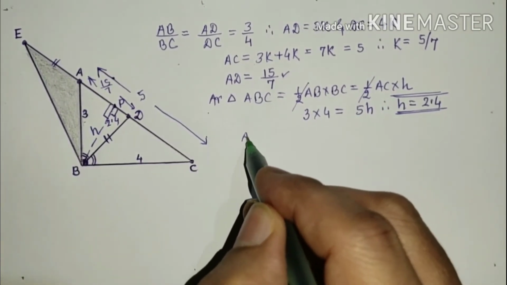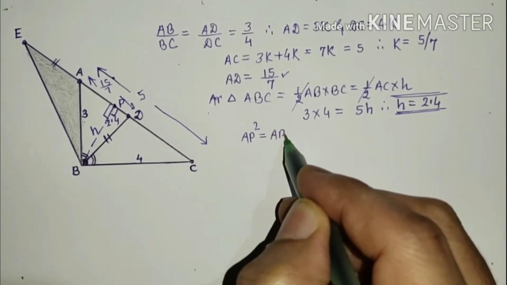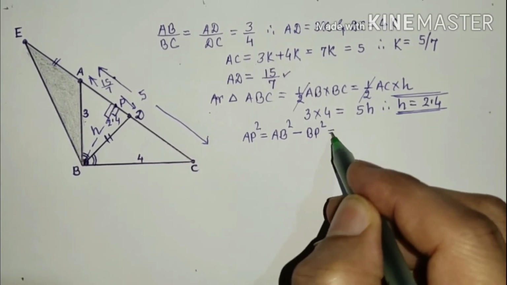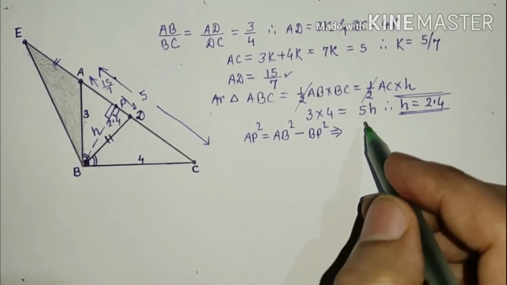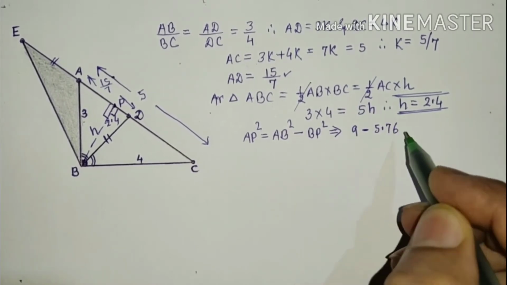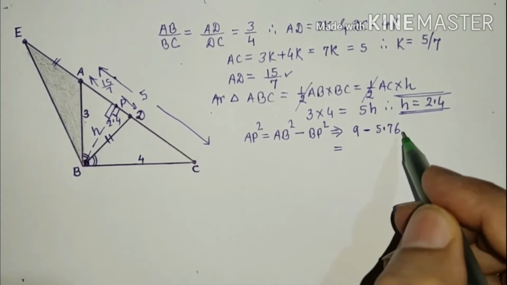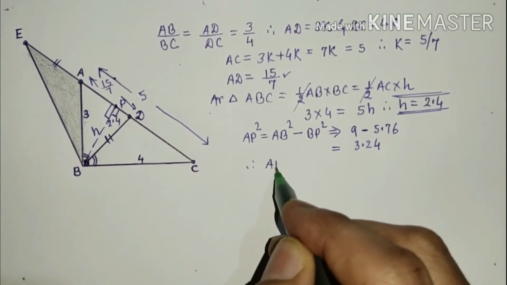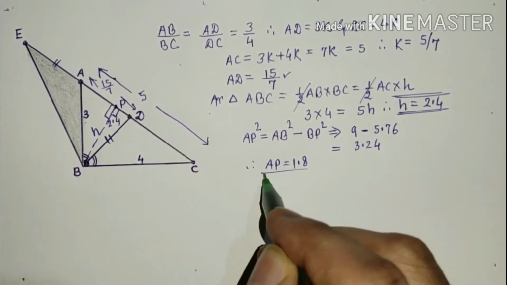So AP square is equal to AB square minus BP square, which means 9 minus 2.4 square, which is 5.76, and 9 minus 5.76 is 3.24. So therefore we got AP as 1.8 unit.